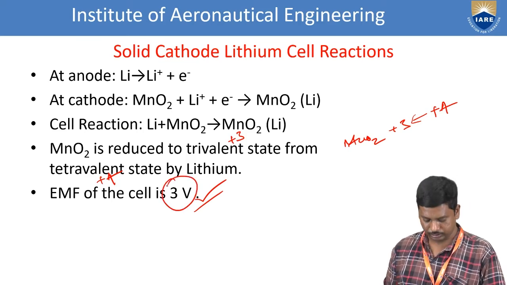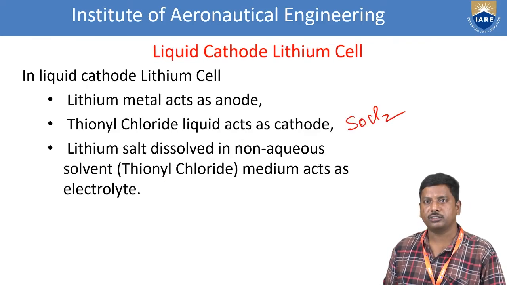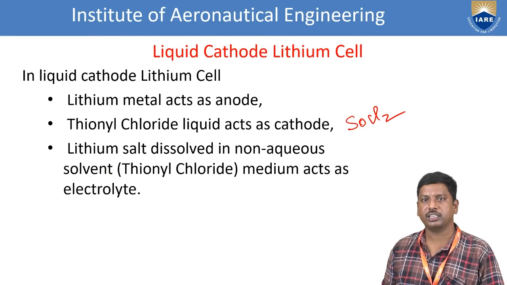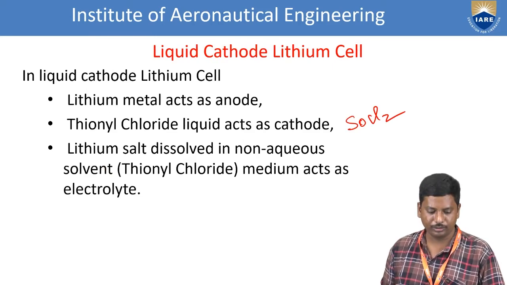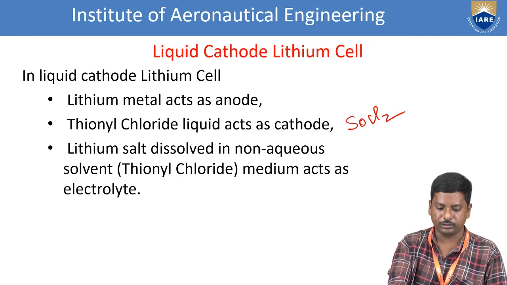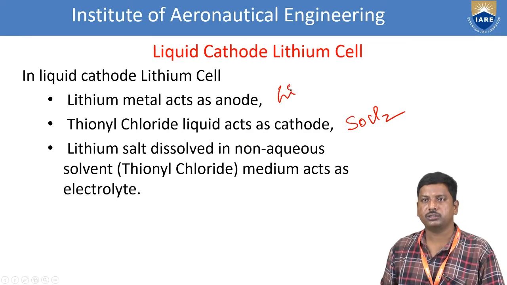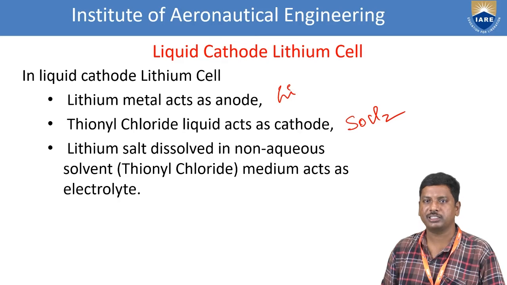Next we revise the liquid cathode lithium cells. In this cell, lithium metal acts as the anode. Lithium is a first group element, one of the alkali metals. Thionyl chloride liquid, with the formula SOCl2, acts as the cathode.